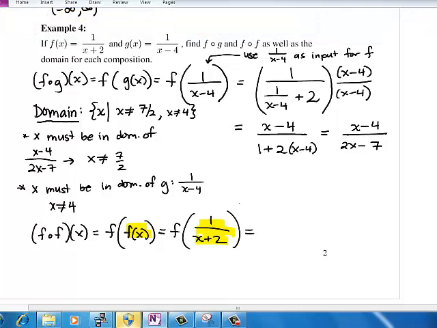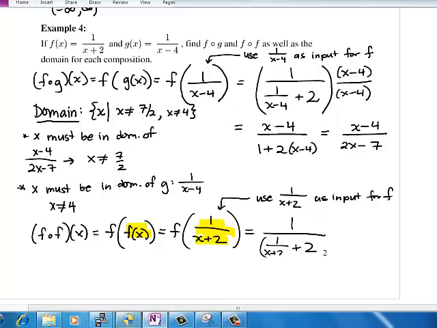And now we're using, this is going to seem strange, using 1 over x plus 2 as the input for f. So we use the structure for f, which is 1 over the input plus 2, but the input is also 1 over x plus 2.